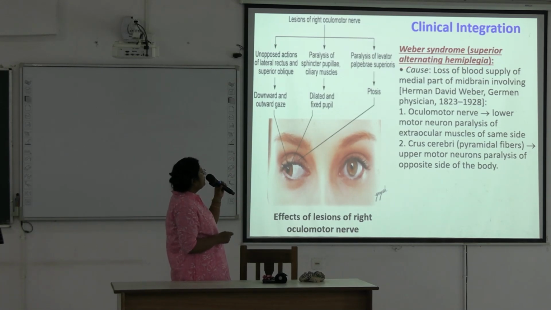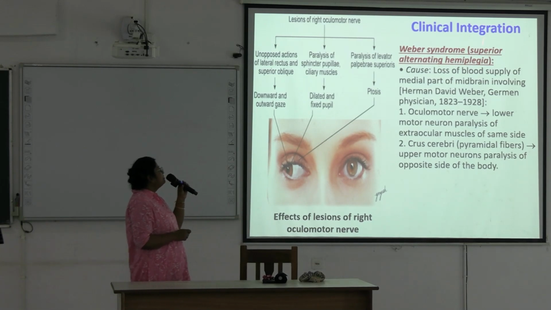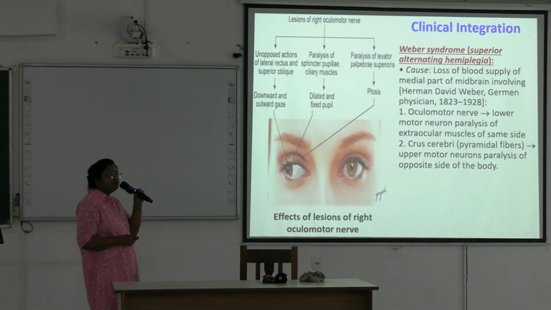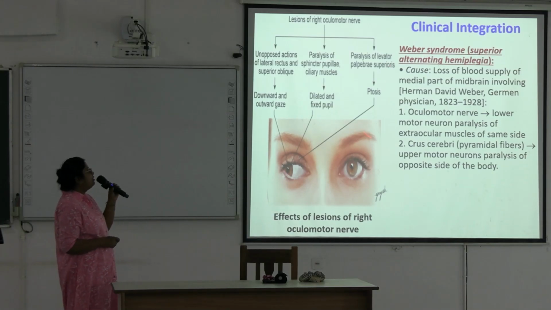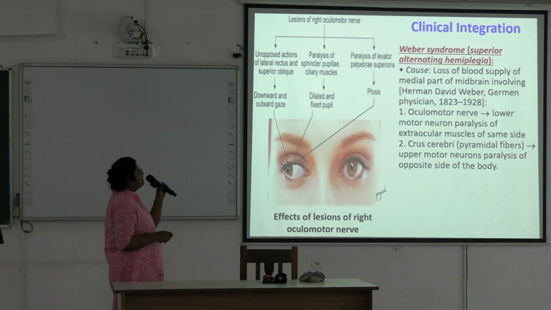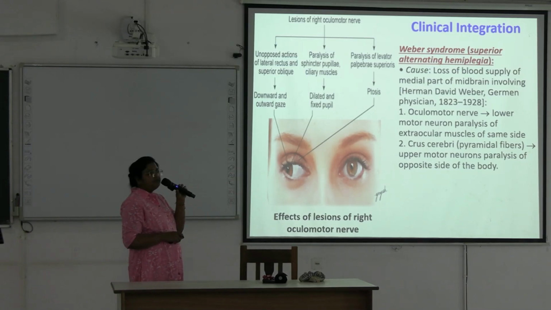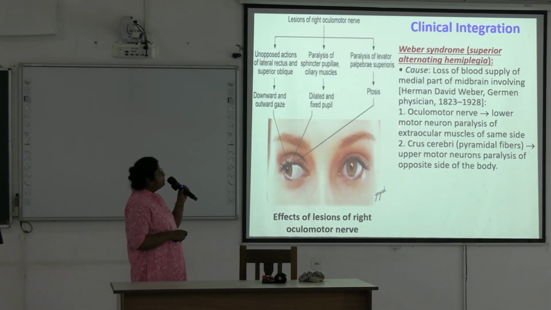Okay, so Weber syndrome is known as superior alternating hemiplegia. Its cause is loss of blood supply of the medial part of the midbrain, involving the oculomotor nerve and the crus cerebri, the pyramidal fibers. Oculomotor nerve palsy: lower motor neuron type of paralysis of extraocular muscles of the same side.